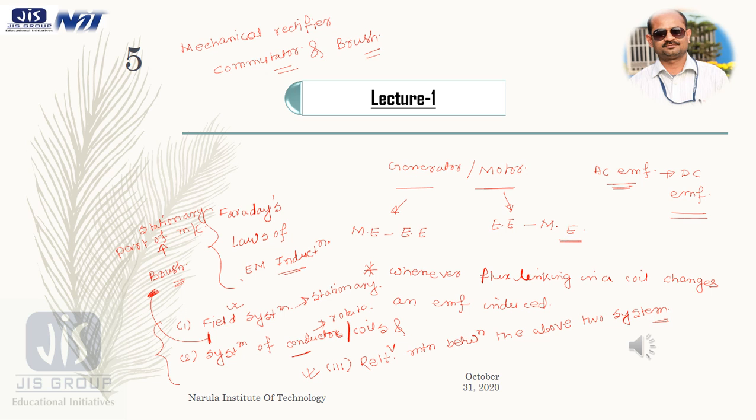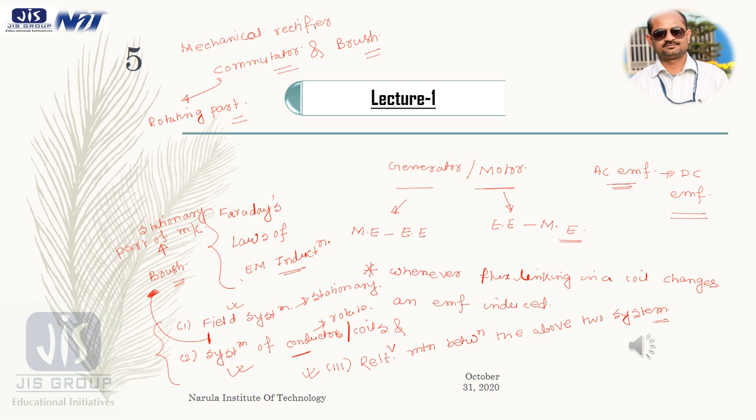But this commutator assembly is placed in the rotating part of the machine along with this system of conductors or coils where Faraday's laws of electromagnetic induction occur. Okay, so the above requirement therefore restricts the options available.